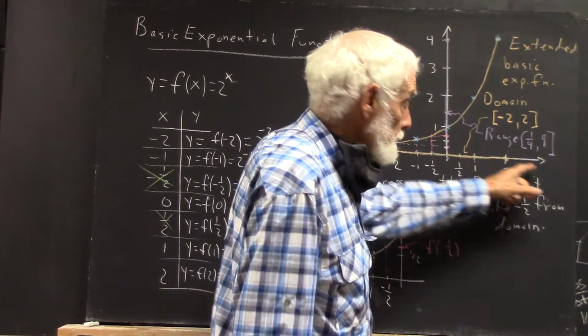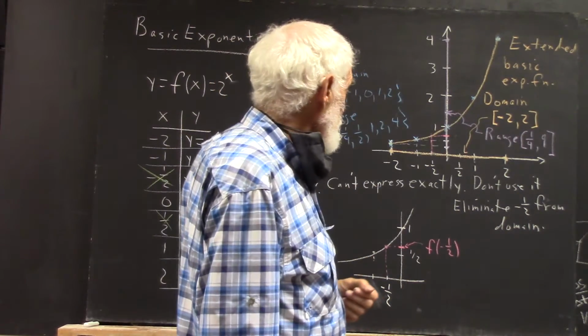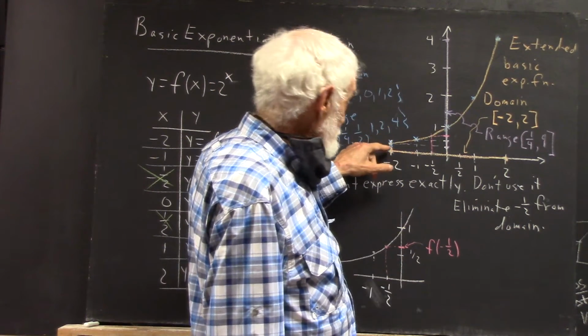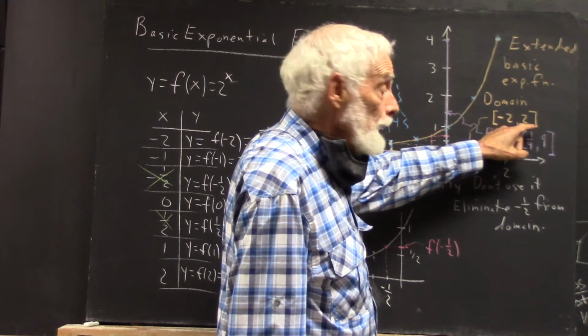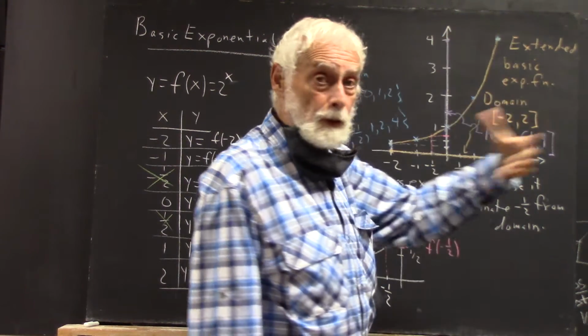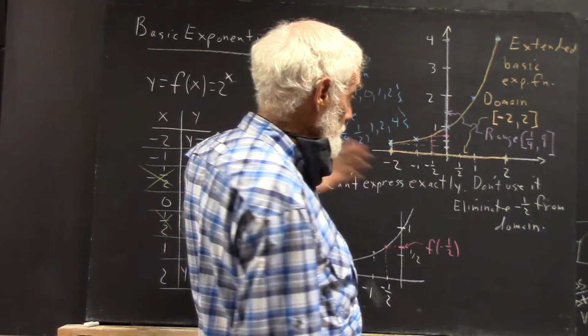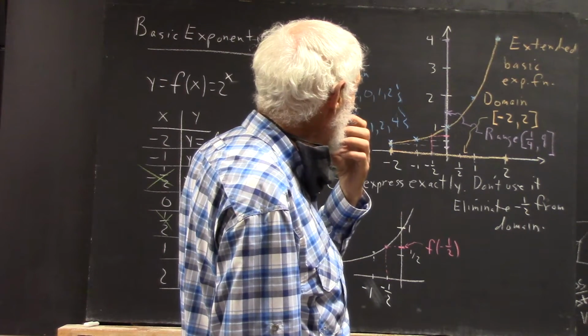The range of the extended basic function is the set of all the y values. Well, the y values for this curve, and this extended basic function is just on the domain [-2, 2], so it starts here and ends here. Now there's the complete exponential function, which goes from -infinity to infinity and so forth. We'll talk about that in a second.